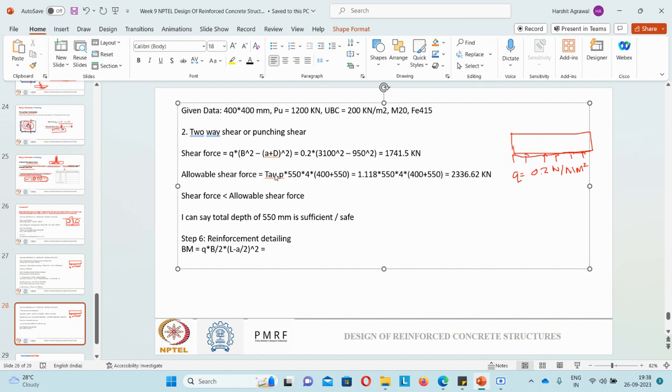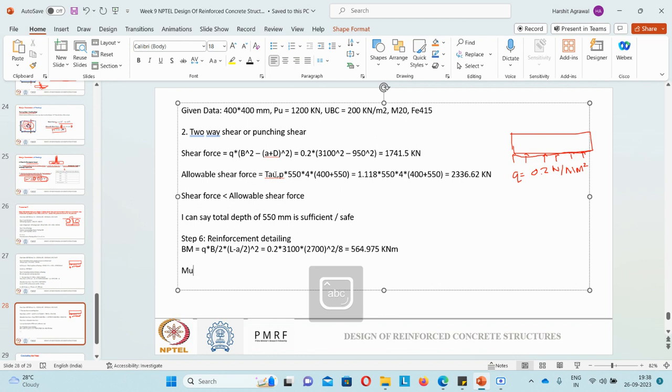Substituting the values, it will come out to be 0.2 times 3100 times (L minus a), so 3100 minus 400, 2700 square upon 8. So 2 into 4 will come out to be 8. This moment will come out to be 564.957 kilonewton meter. Now what is the expression of Mu with Ast?